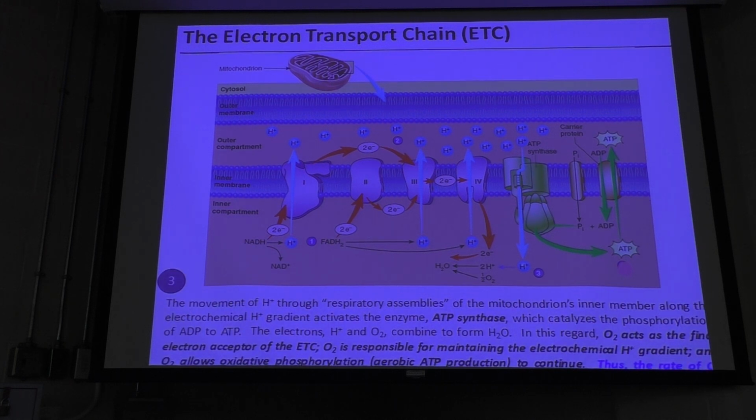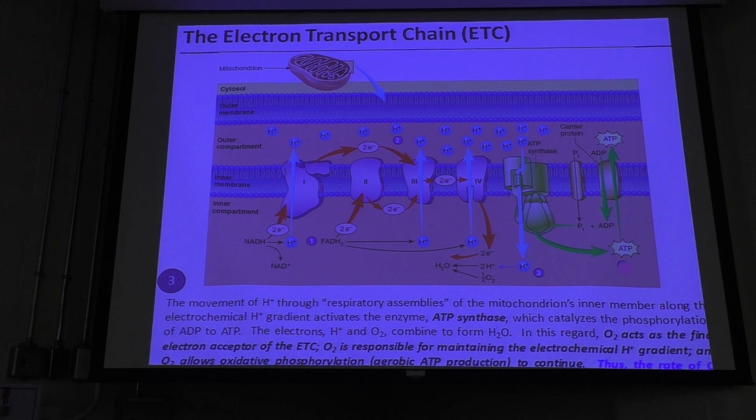So ultimately, the movement of hydrogen ions through these respiratory assemblies of this inner membrane along the electrochemical gradient will activate the enzyme ATP synthase that you saw in last class, which catalyzes the phosphorylation of ADP to ATP.